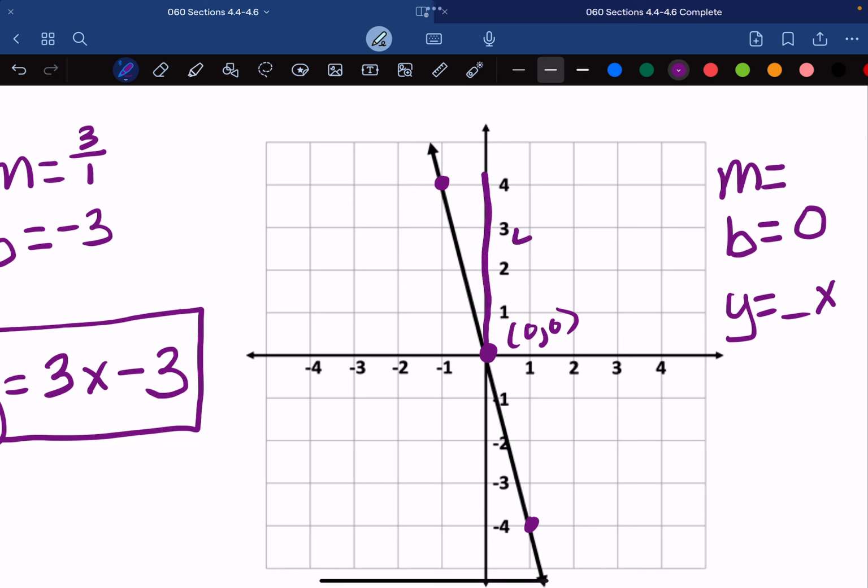Looks like I go up 4, and then this is going to the left, so that's negative because it's going over this way towards the negative numbers. And so my slope is -4 over 1, or 4 over -1, which is -4. So my equation is y equals -4x.